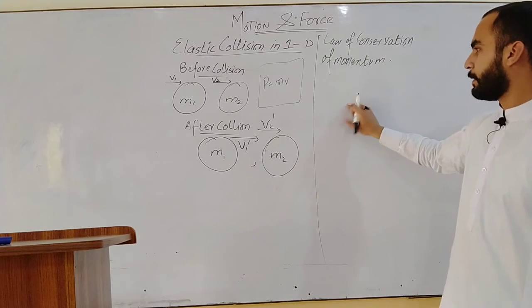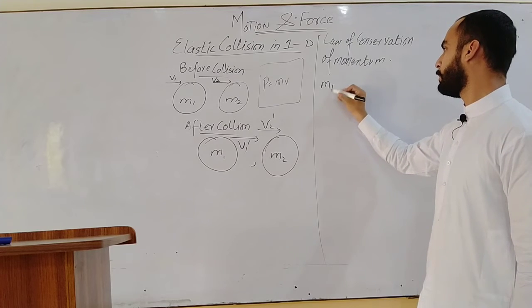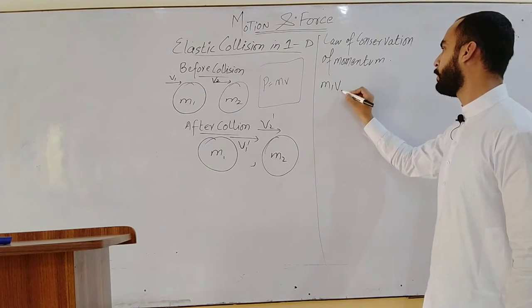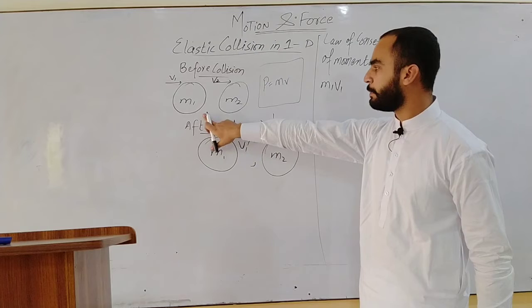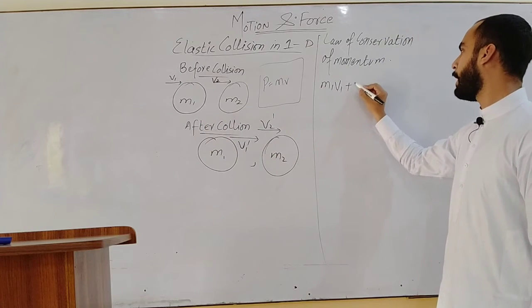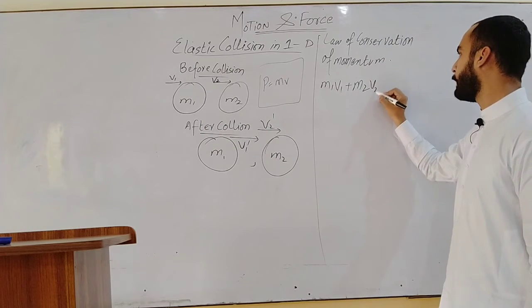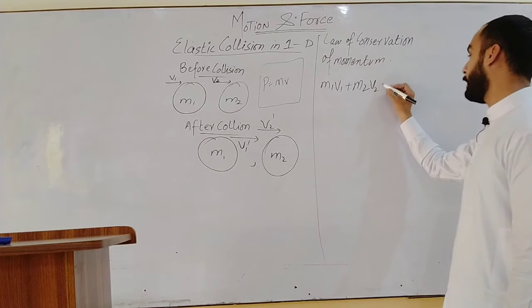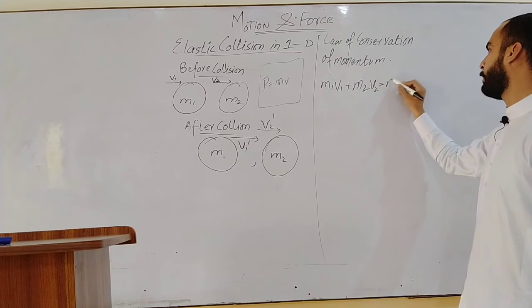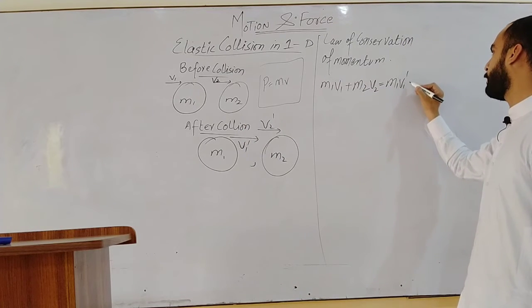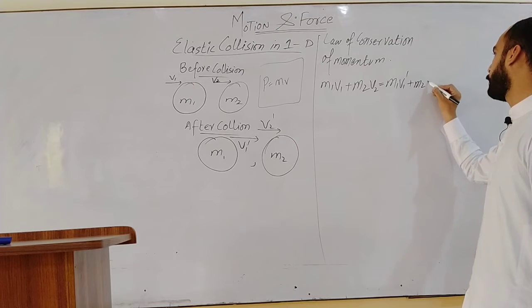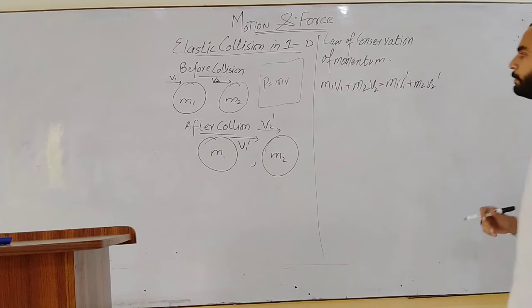m1 v1 for the first mass plus m2 v2 for the second mass is equal to m1 v1 prime plus m2 v2 prime.